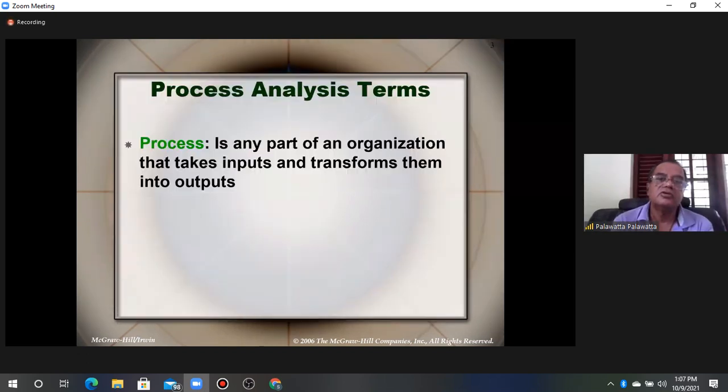So process analysis terms. A process is any part of an organization that takes inputs and transforms them into outputs. Actually, when it comes to operations, the processes are the primary things, and around the processes, organizational structures are also determined.